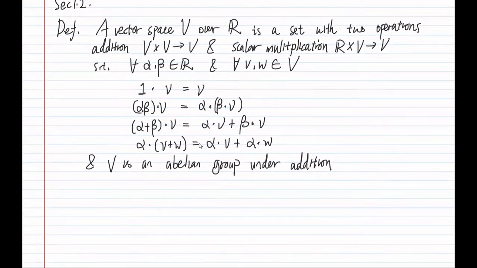Now with the notion of a vector space, I want to add the notion of a norm to a vector space. Okay, because that's really important, right? Because we need a way to measure the distance between points.